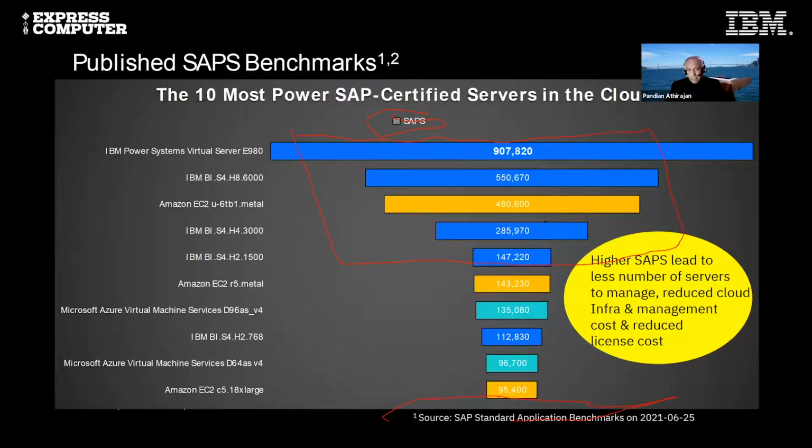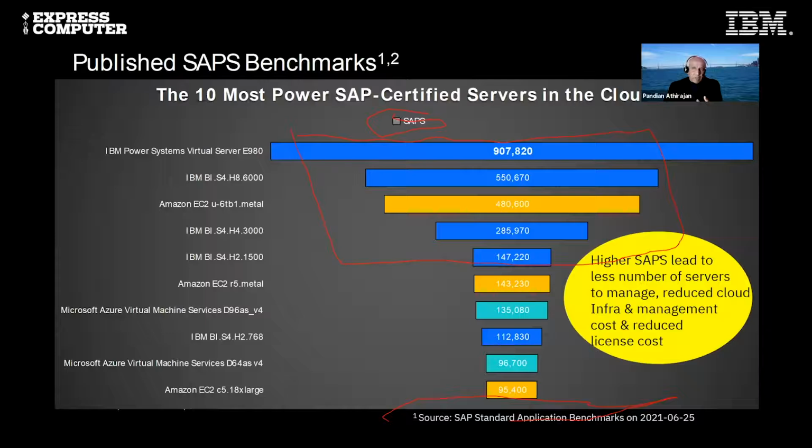What does it mean? What's the meaning of this? If you're going to have higher SAPS, then you are going to need less number of servers to run your SAP workload. When you have less number of servers, then you have a reduction in management cost, reduction in the software license cost.